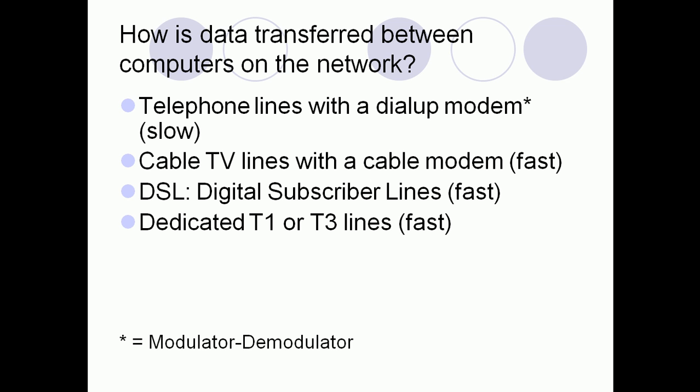What the modem does is, we've learned that the computer understands zeros and ones, and the cables are in a different format. It's not digital. So the modem changes the digital message to analog, and it is transmitted through the telephone lines.